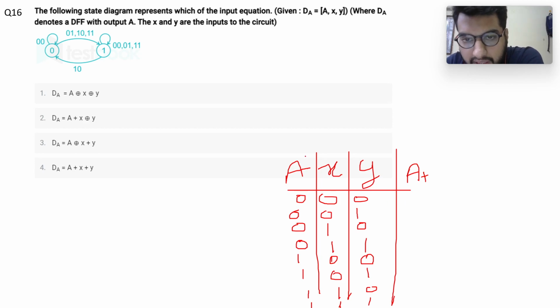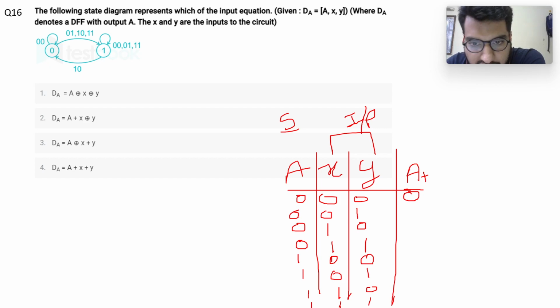This is my present state and these are my inputs. So my inputs are 0 0 and my present state is 0. Where am I going? I am again going to 0.